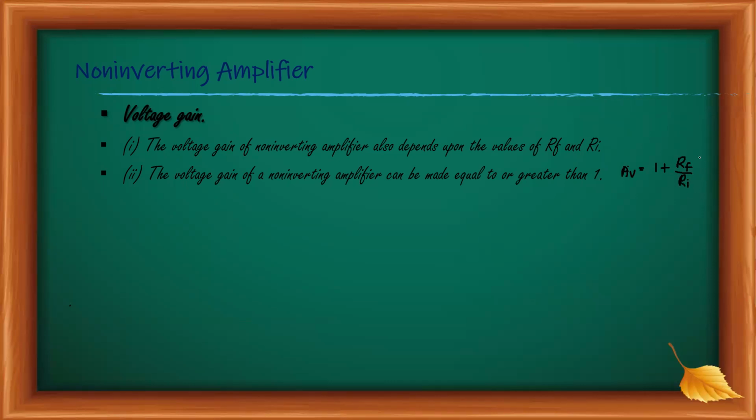So if RF divided by RI is approximately equal to 0, the gain must be equal to 1. Then we will get a unit gain amplifier. We will discuss such an amplifier in next page.